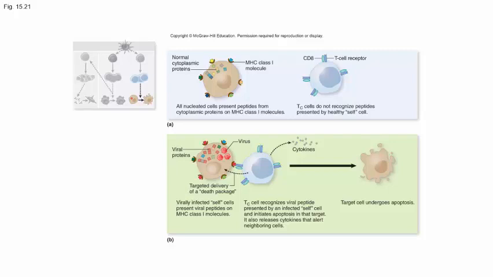So they're not going to see them. In virally infected cells, T cells are primed against the antigens that will either release a death package of perforin proteins, remember these are the ones that form pores in the cell membrane to kill the cell, or the T cells will activate the death receptor on the infected cell to trigger apoptosis. That's all important there.